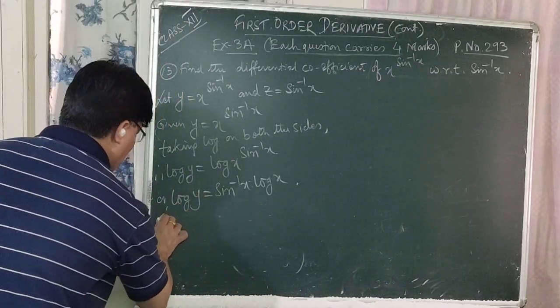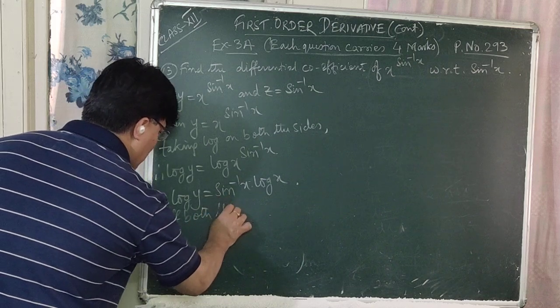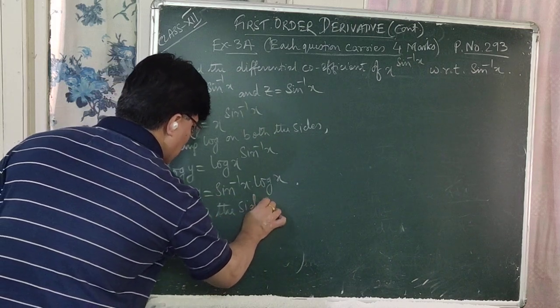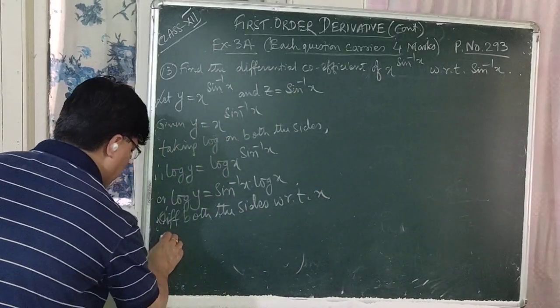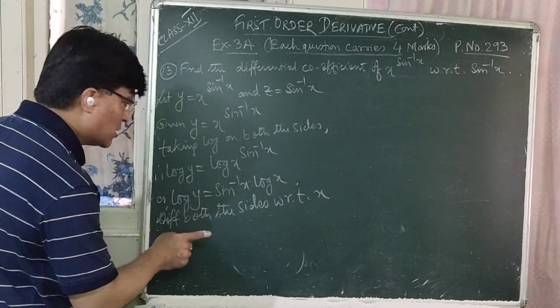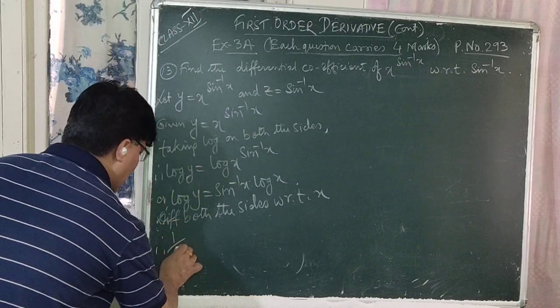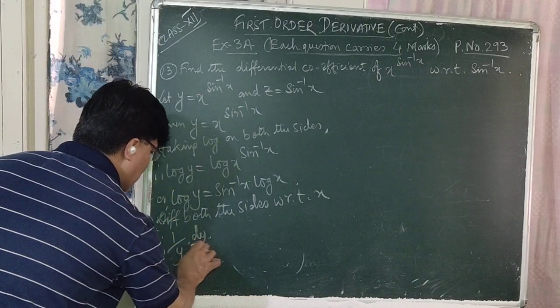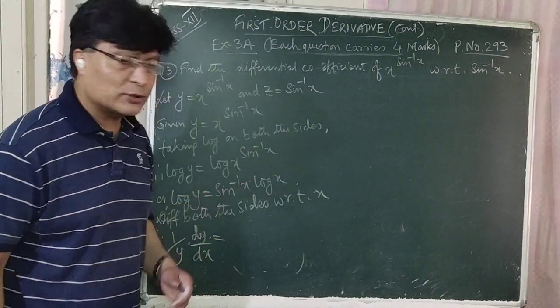So write down differentiating both the sides with respect to x. What is the differentiation of log y with respect to x? It is 1 upon y into dy by dx is equal to. So which rule is used on the right hand side?